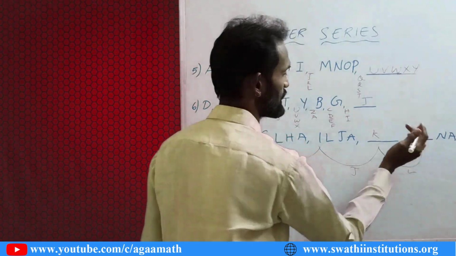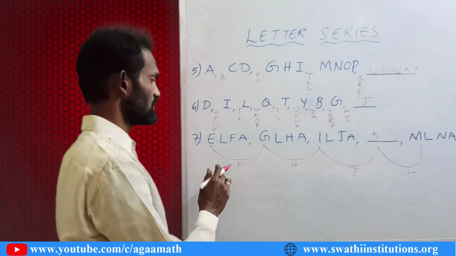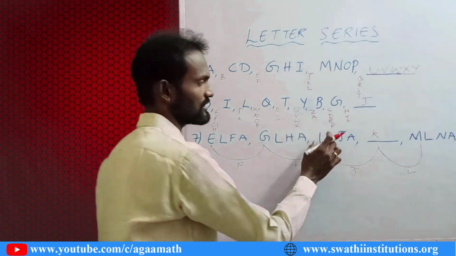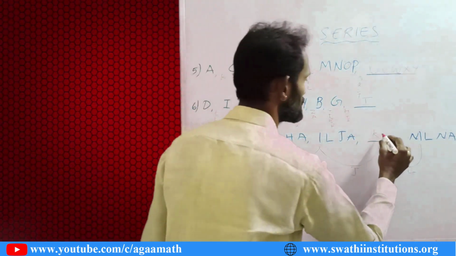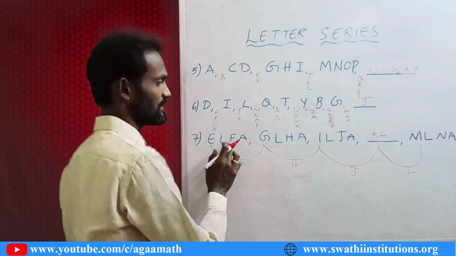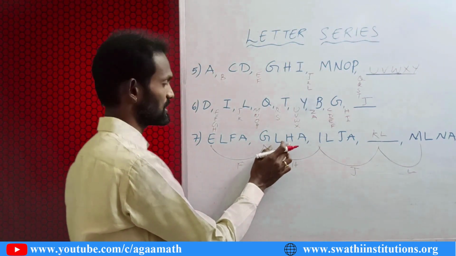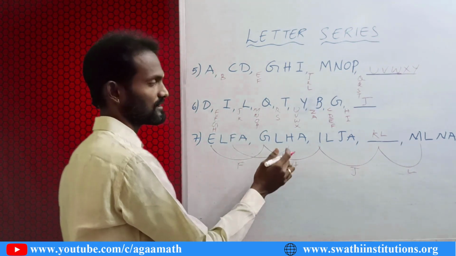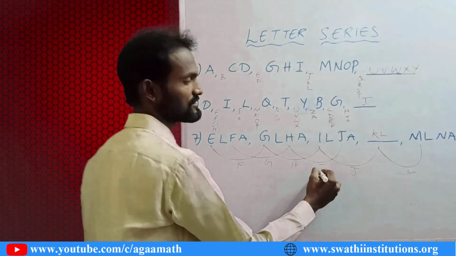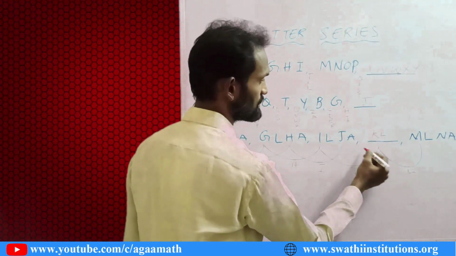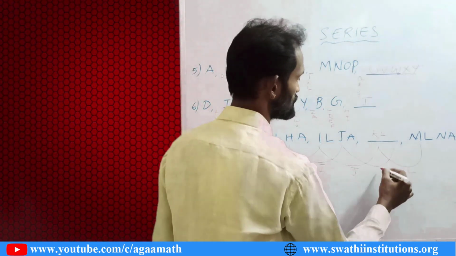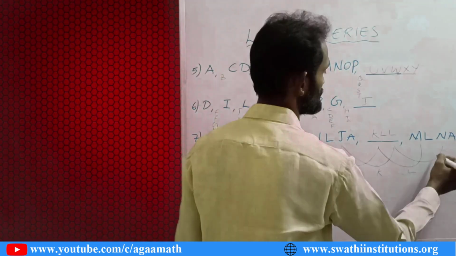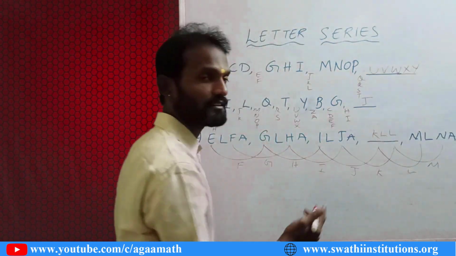K, L is skipped, M. Right? You can observe L is a constant, it doesn't change, so this is L. Then F, H, it means A, B, C, D, F. Here again G is skipped, H, I is skipped, J, then K should be skipped, L, and M should be skipped, N. Right?